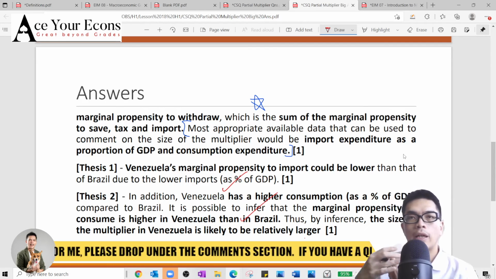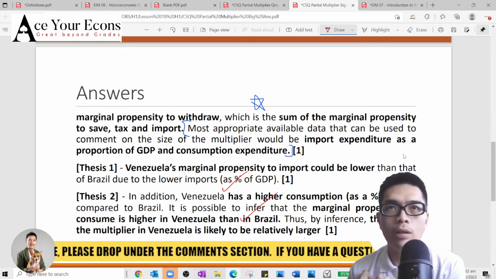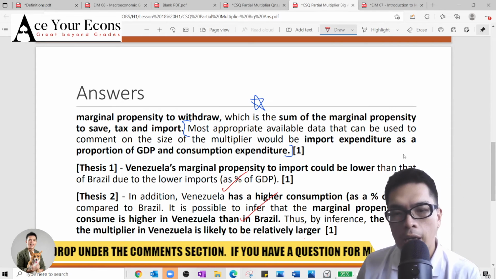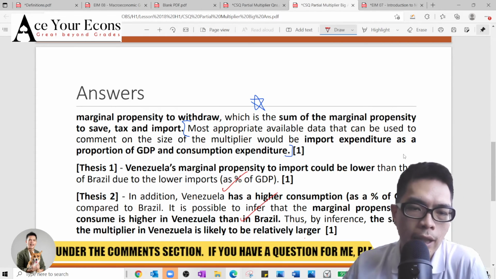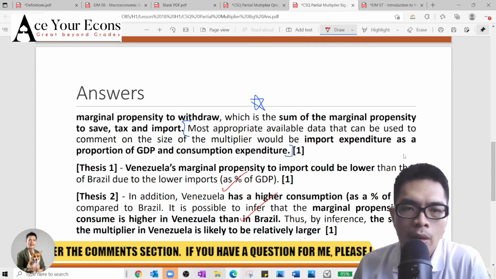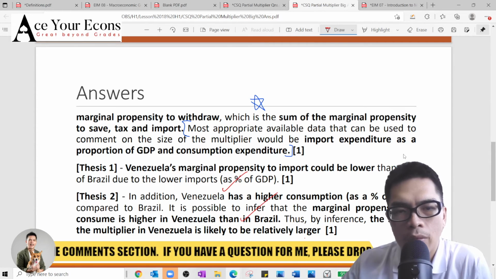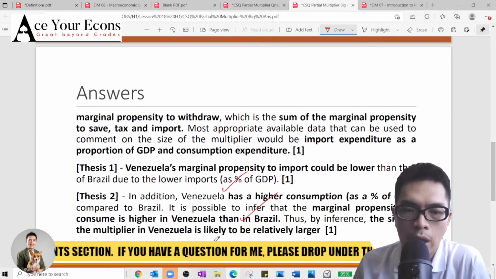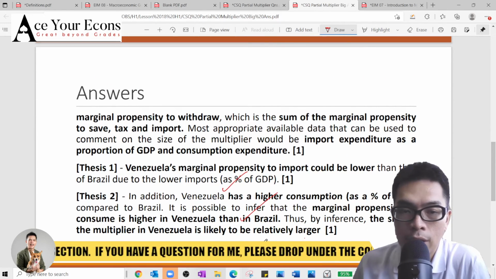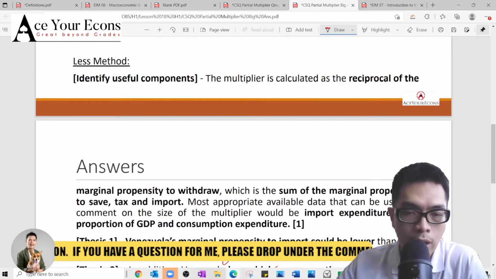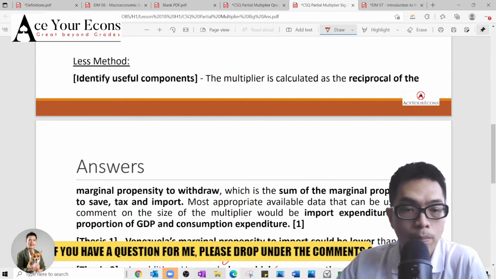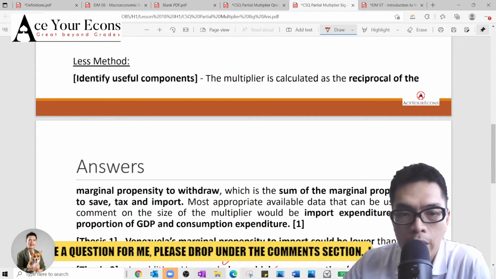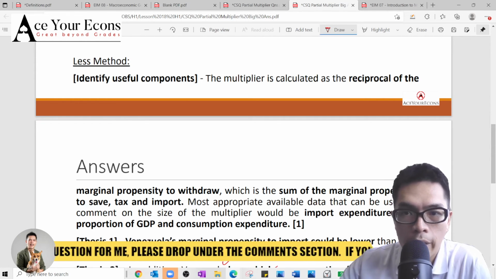So based on these two pieces of case evidence, MPC is higher and MPM is lower, the justification is that the size of the multiplier is larger. You have to state that MPW is the reciprocal. This is important, if not you wouldn't be able to deduce the size of the multiplier. So I'm just going to U-turn again. You need to state what the multiplier is. It is inversely related to MPW, or you can state a reciprocal.